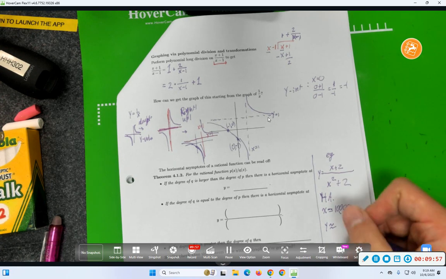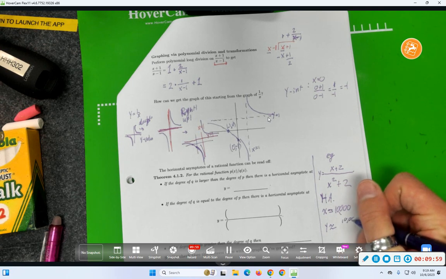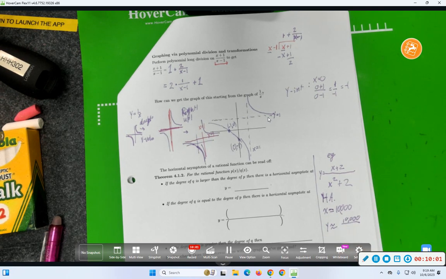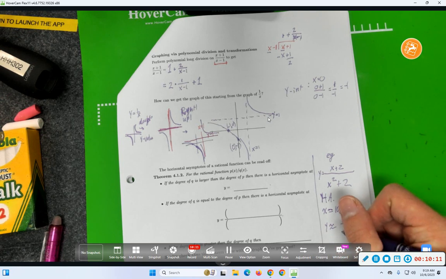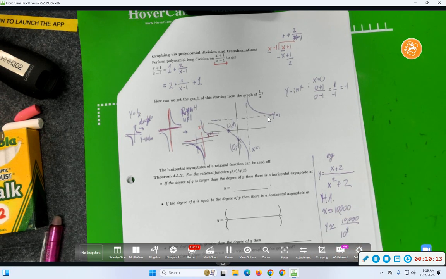So the numerator is basically just 10,000. In the denominator, 10,000 squared will be like 8 zeros. So maybe I'll use scientific notation. 10 to the 8th. So an 8-digit number, when I add 2 to an 8-digit number, does that really change the value of it by much? Oh, so I can basically ignore that.